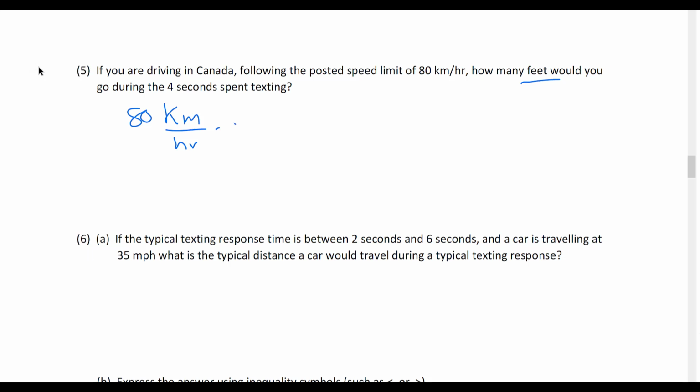So 0.62 miles per 1 kilometer. Then we'll do 5,280 feet per mile. And then that gets us to feet.